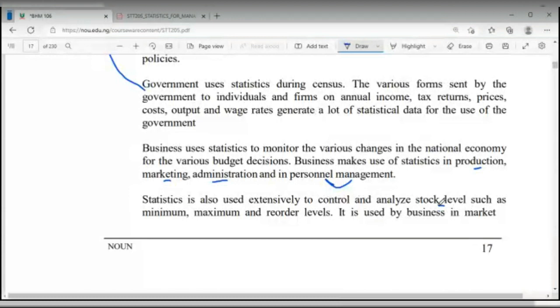The reorder level is something else that we also consider when it comes to control. It is a bit different from the other two. This is the point at which the stock gets to a level where you see that there is a need for you to make a move to replenish.